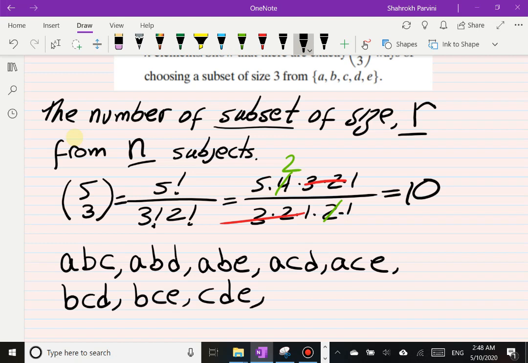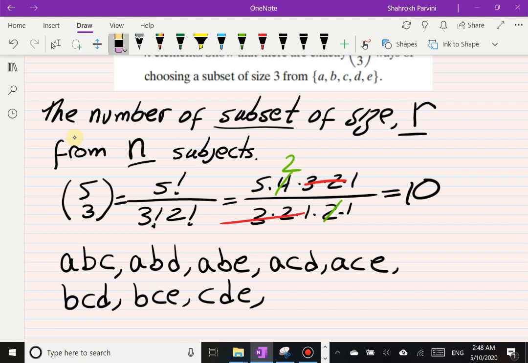So how many do we have so far? We actually have 1, 2, 3, 4, 5, 6, 7, 8. So there's going to be 2 more. So we got A, B, C, A, B, D, A, B, E. B, C, D, which I did here. That's done. What else are we missing here?